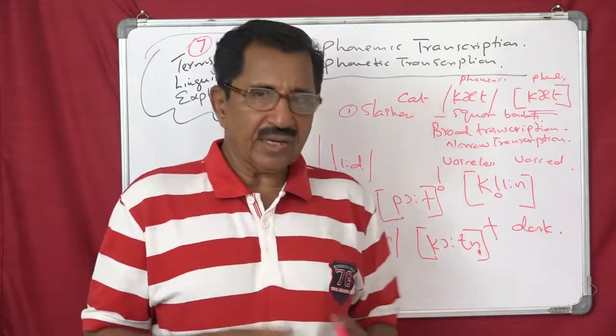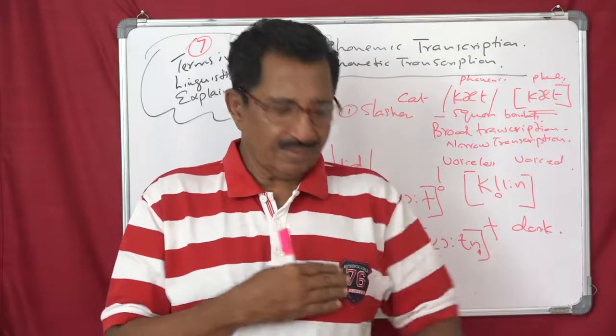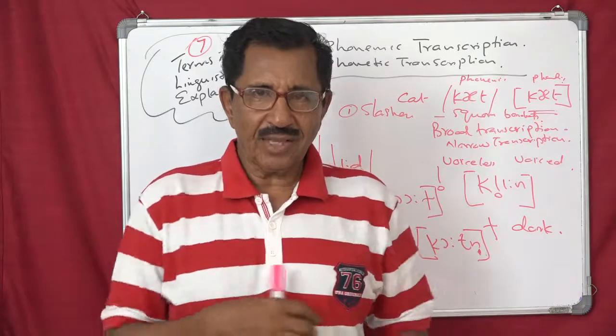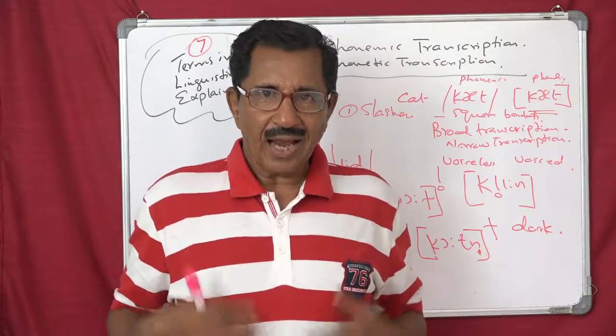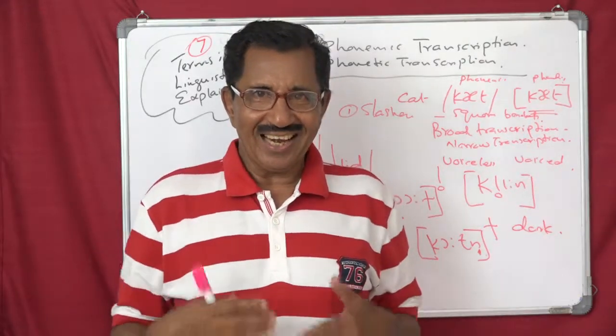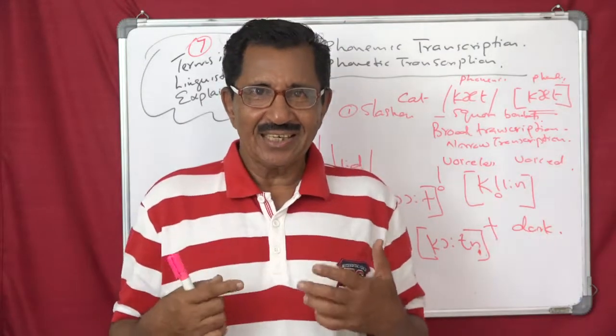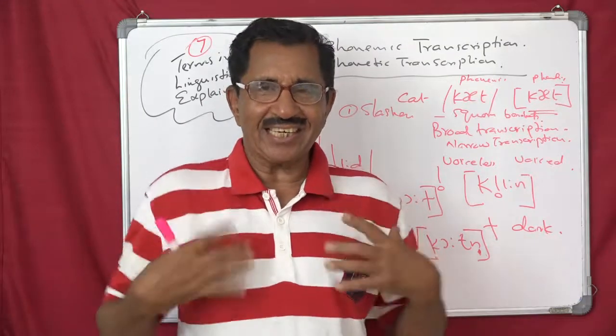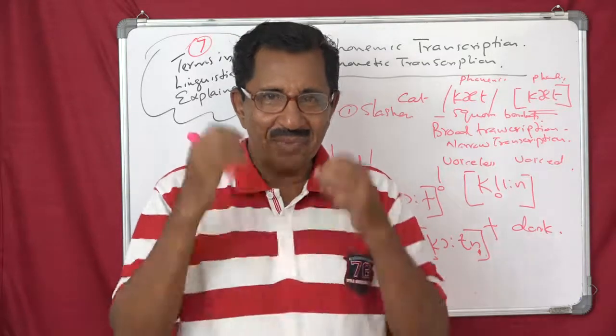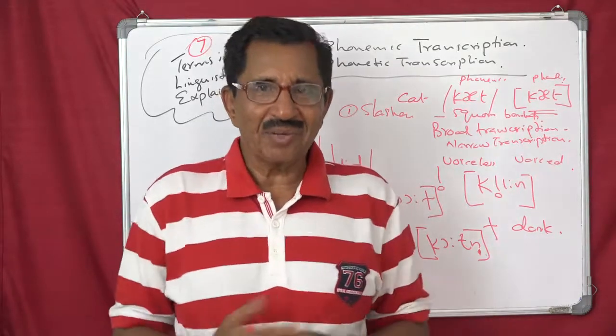This one is not a plain t-shirt because I have got a medal on it, and also some lines like that. So additional details are given, additional information about this t-shirt. So this is like a phonetic transcription. On the other hand, a plain t-shirt will be like a phonemic transcription.